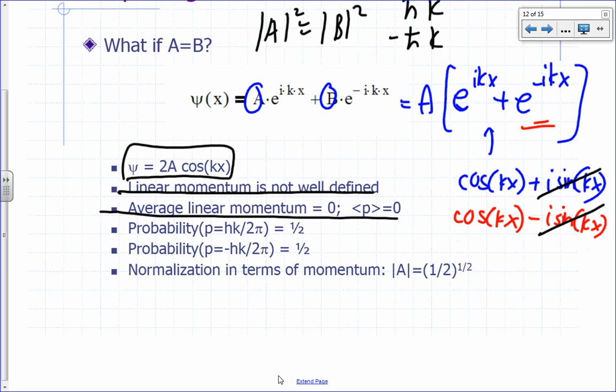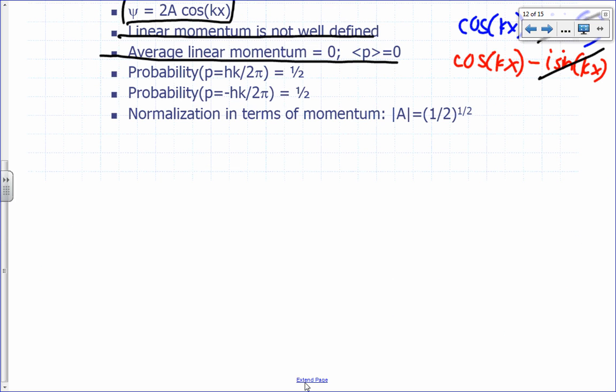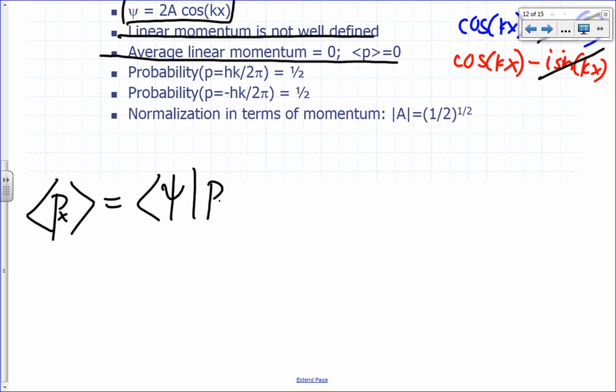How do you show the average linear momentum? The expectation value. And this is px, since we're doing the x-axis. It's the integral of psi star px hat psi d tau, right? Expectation value of any property is calculated that way.